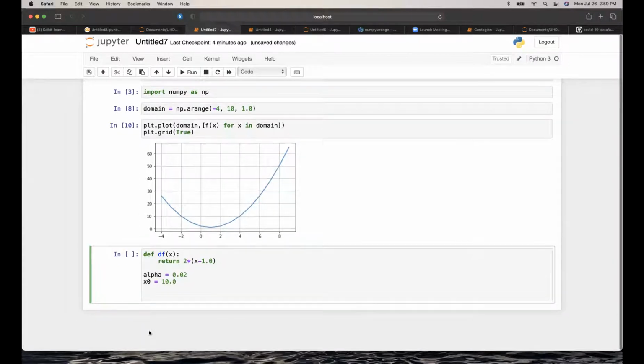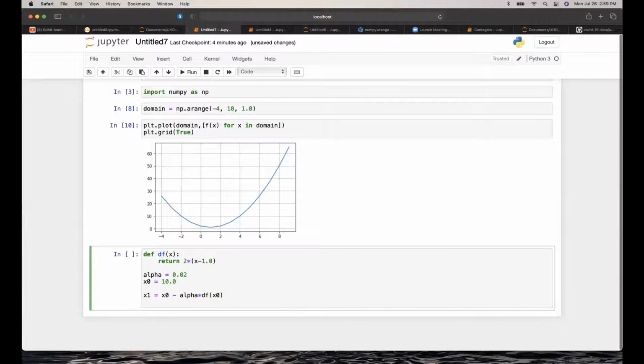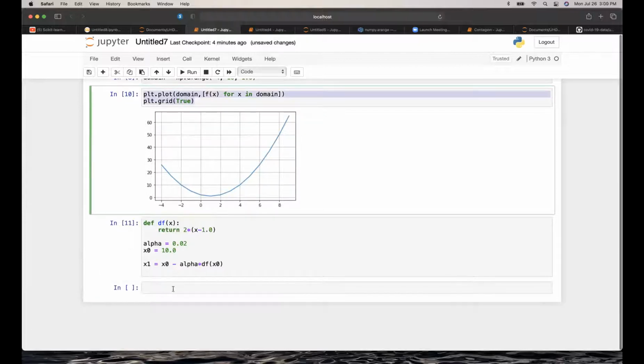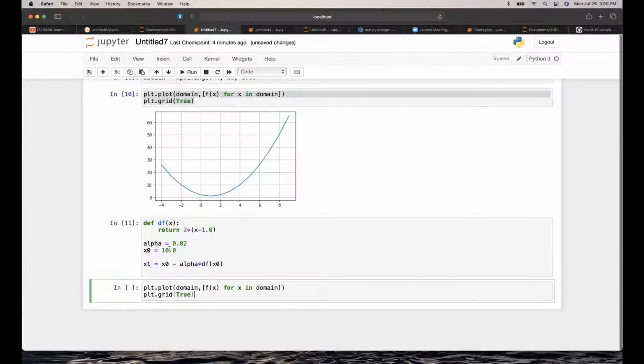Okay, so then let's use the update rule. So x1 is going to be equal to x naught minus alpha times df of x naught. Let's go ahead and look where the points started off. Actually, let's start at 9.0.